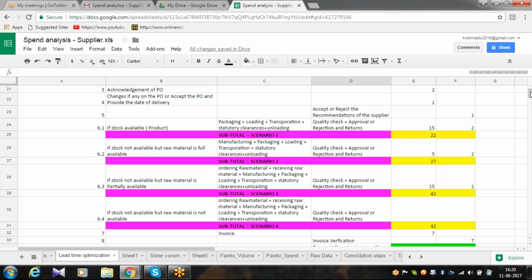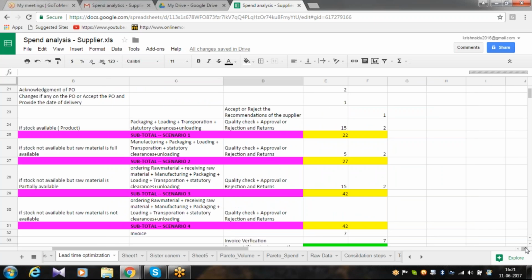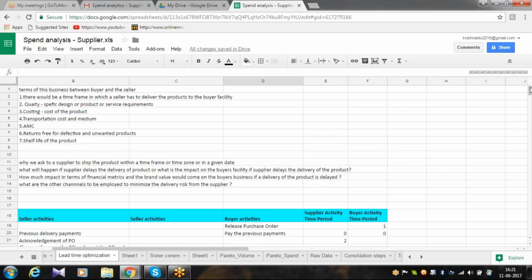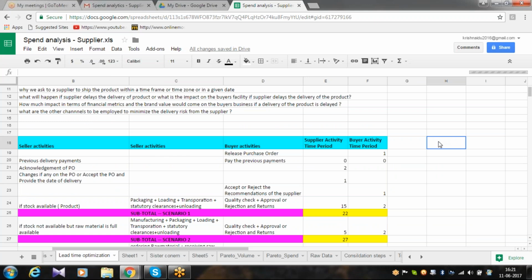So there is one option. One way is by having a thorough inspection at the supplier's facility, seeing whether they maintain stock of the product. First thing, what inspections will we do? Supplier audit.